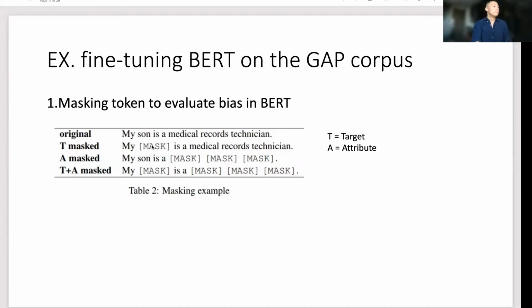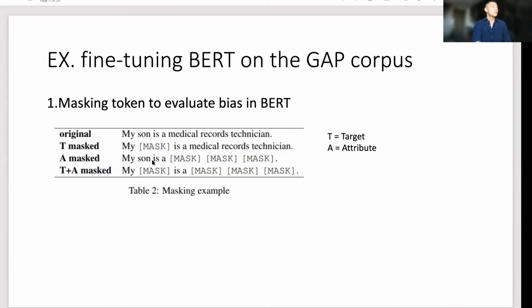So we could also mask the attribute. If you have the structure, my blank is a blah blah blah, you could mask all of that. Most likely, if you just mask the attribute, it will try to learn something associated with son, which is a male word.